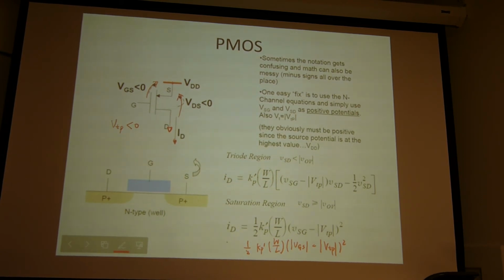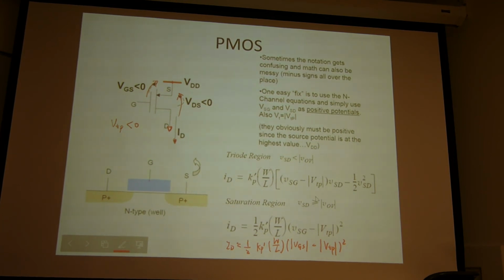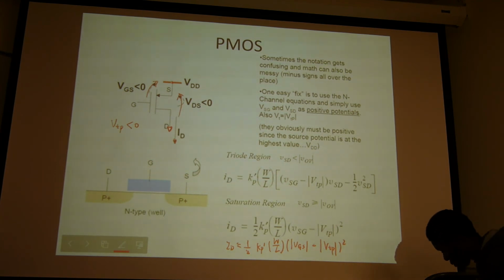Similarly, you can do the saturation, the triode region, if you take the difference as absolute value. Or let's look at some example. For example, here the VD, let's say, is 1 volt.